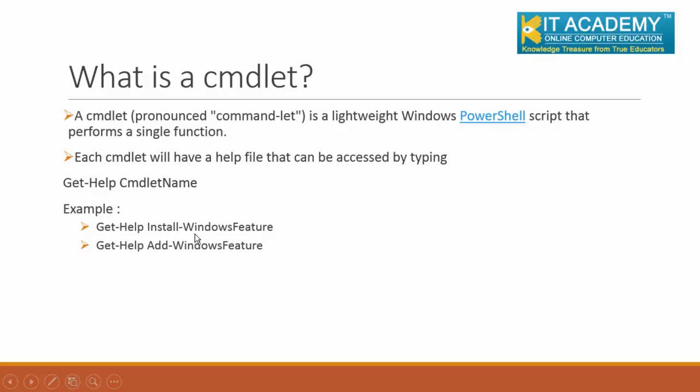If I want to see how to use Install-WindowsFeature or Add-WindowsFeature, then I can use the command Get-Help followed by Add-WindowsFeature or Install-WindowsFeature. So let's go back to the PowerShell prompt and execute these two commands just to see how the documentation looks.